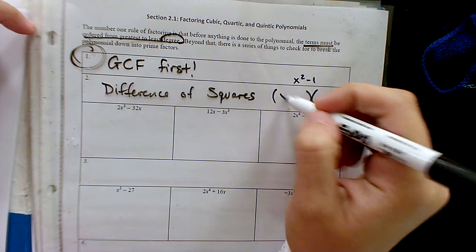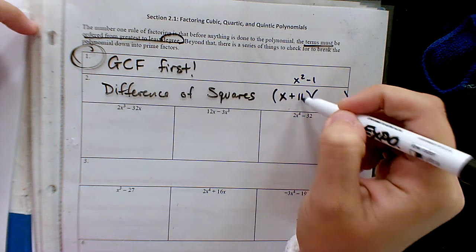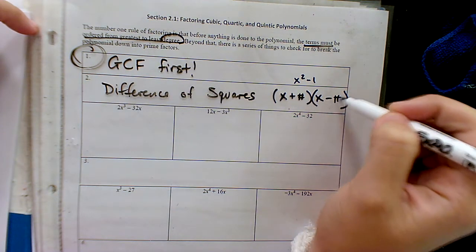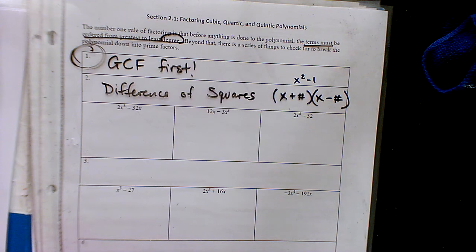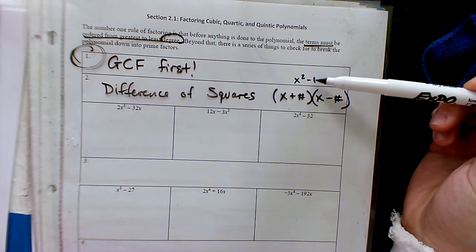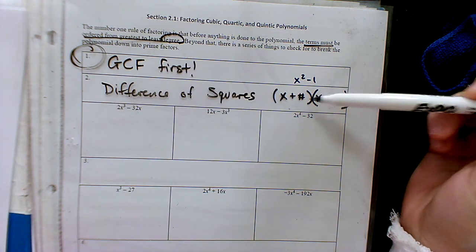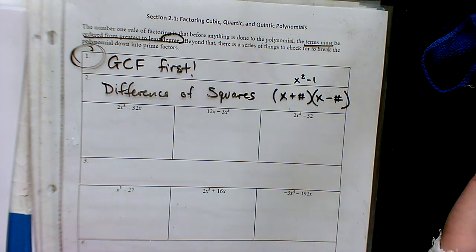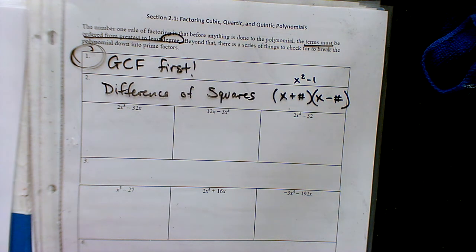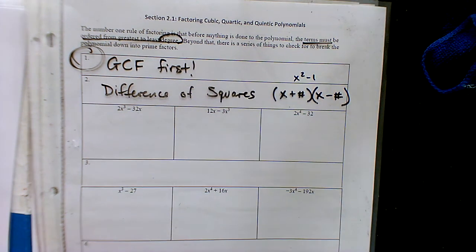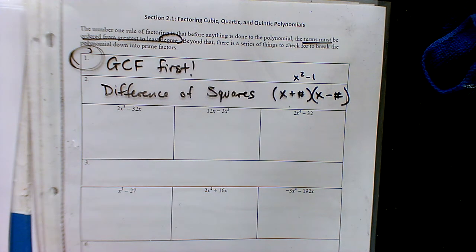X plus 1, x minus 1. Okay, so it's always x plus a number and then x minus the number, whatever the perfect square is. So in this case, since the perfect square of 1 is 1, that's what we would put for the number spot. Okay, so x plus something and then x minus something. So we're just going to review these 2 techniques using these 3 examples.